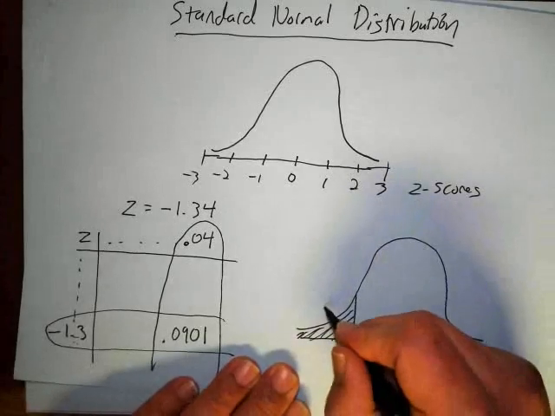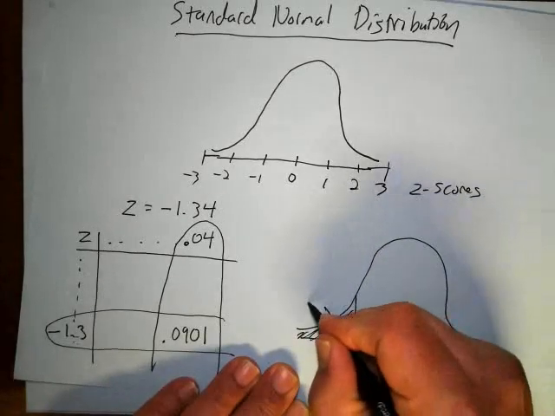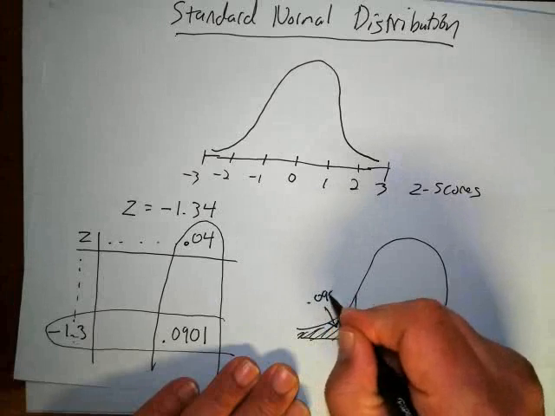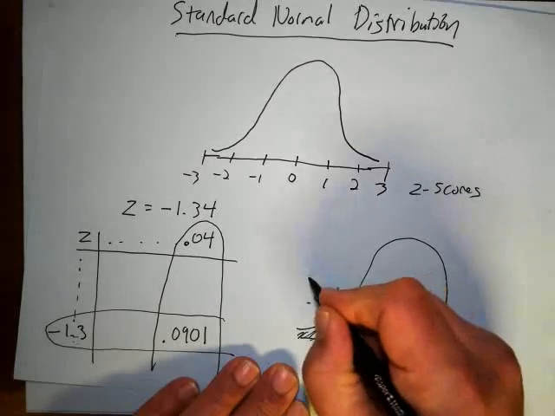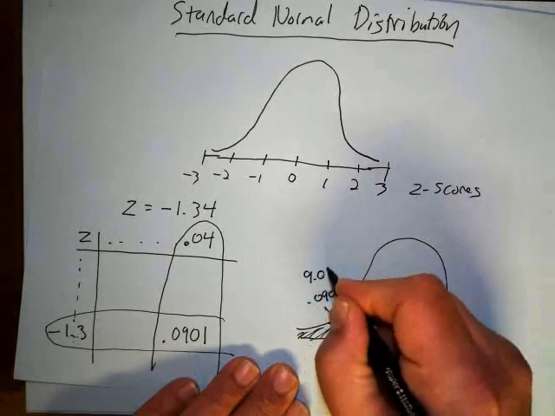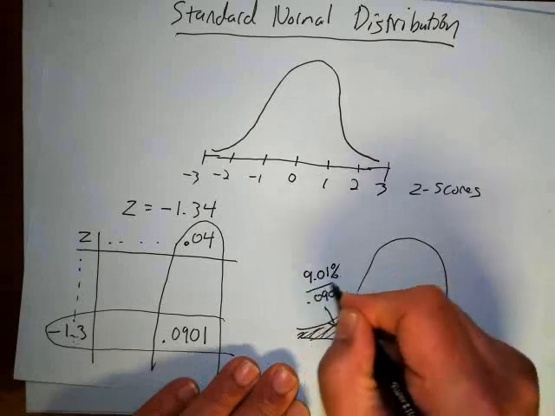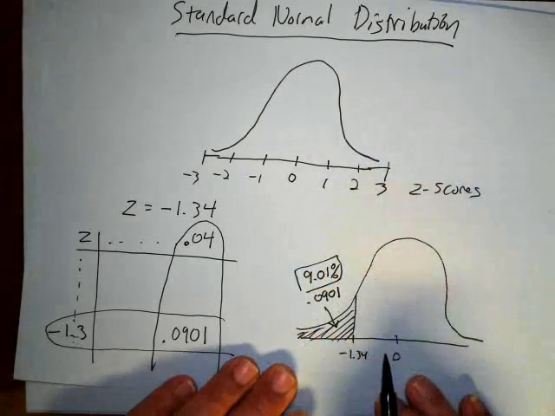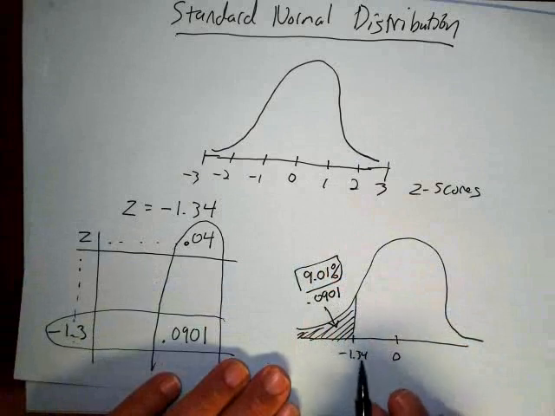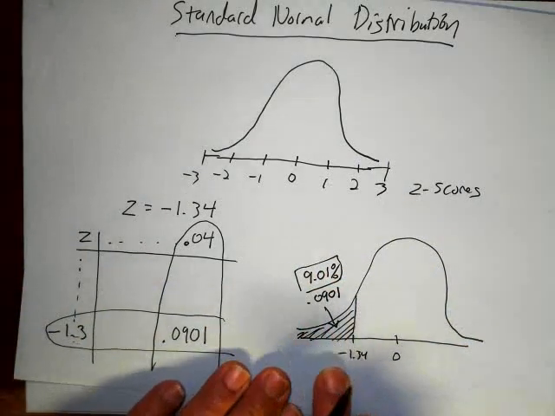Okay, so this is like 0.0901, and what that means is 9.01% of the population would have z-scores that are less than negative 1.34.